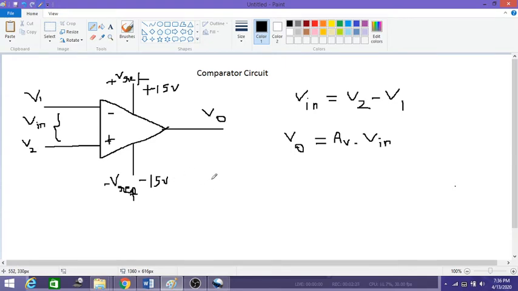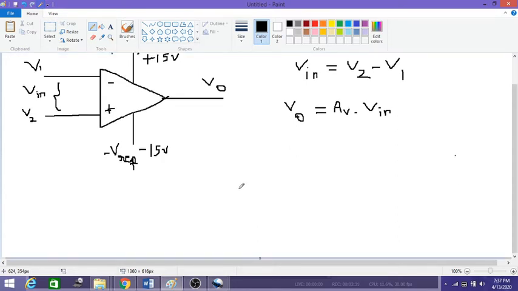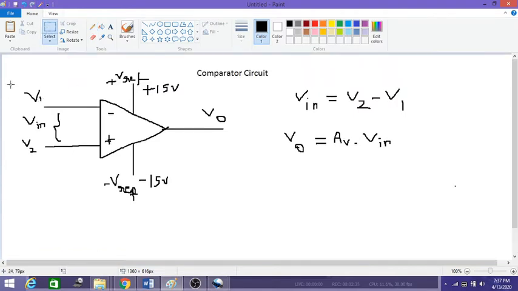So let us write this analysis here. Let us take a simple example so that we can understand. Let me clear this section here. I'll connect the ground point to the V1 terminal, and I'll connect some voltage Vs to this point.